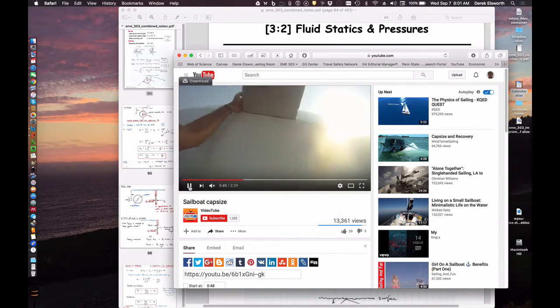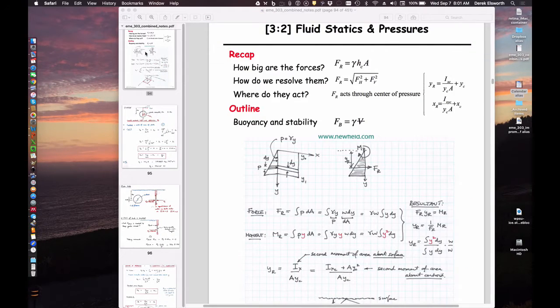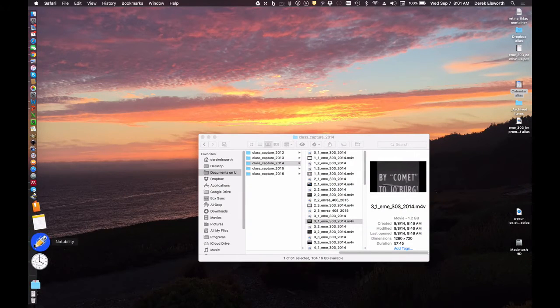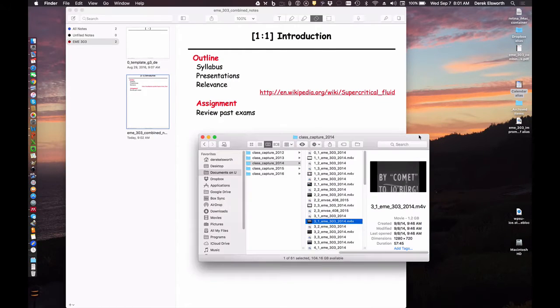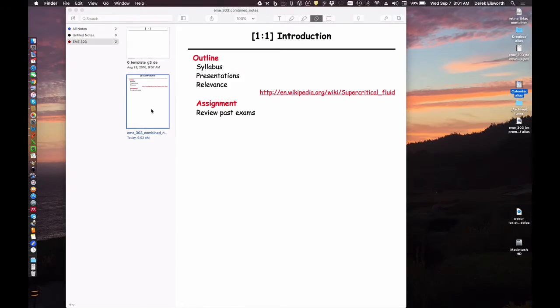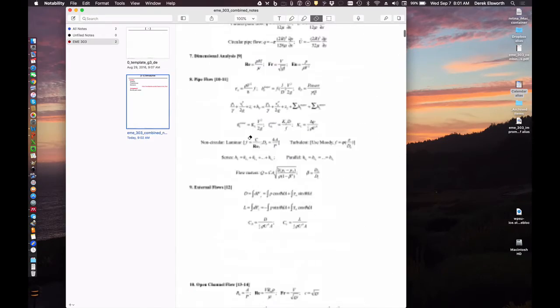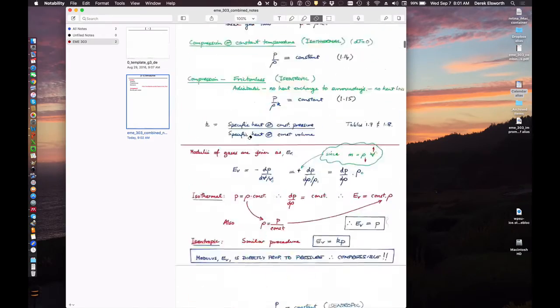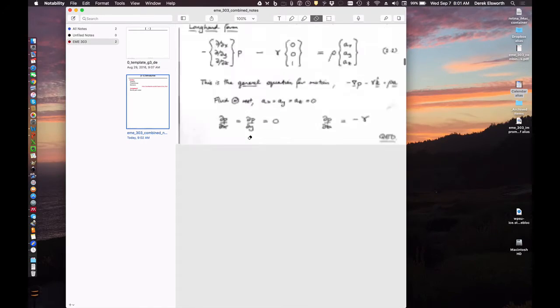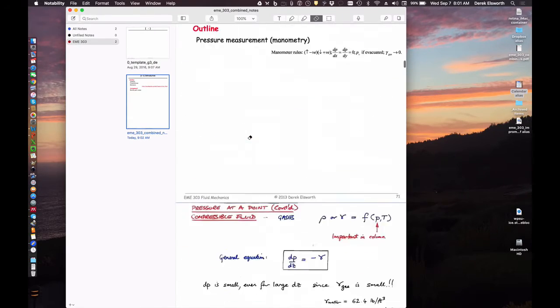I'm going to stop that now. And so I guess I don't want that, but I do want this. So let me find the right place. We're covering a lot of ground.